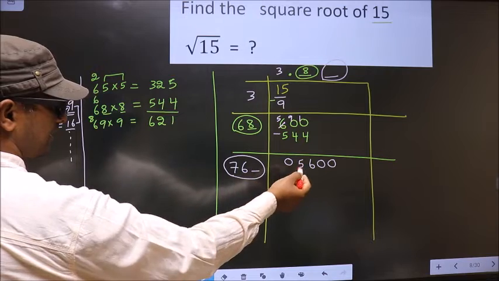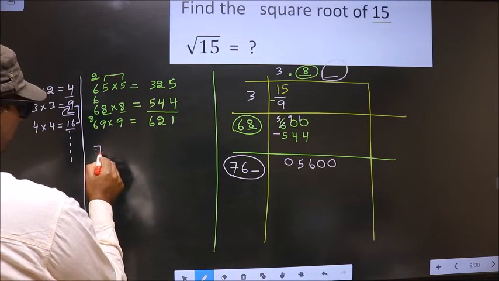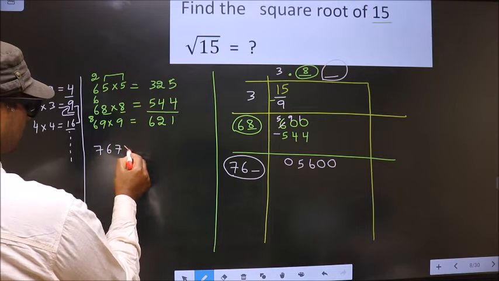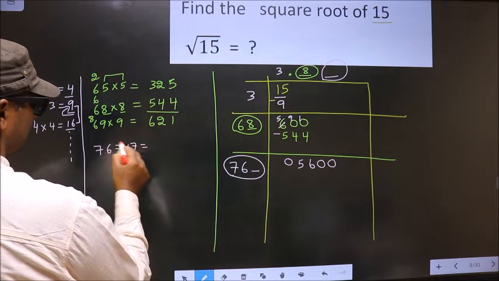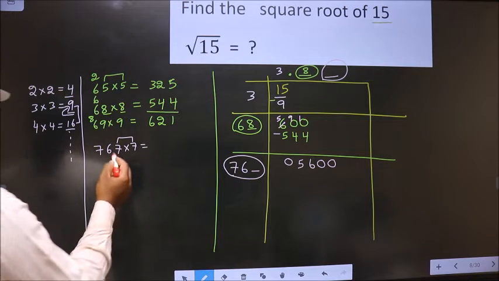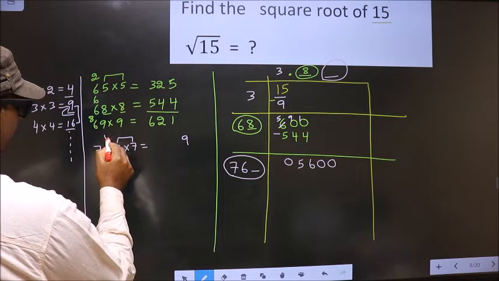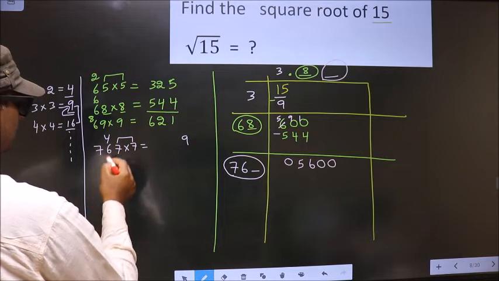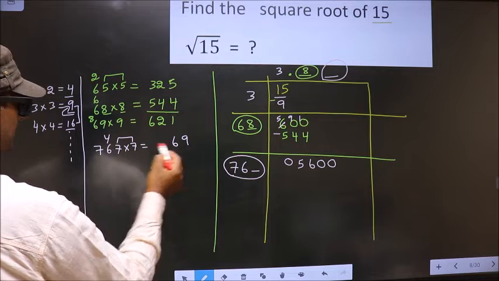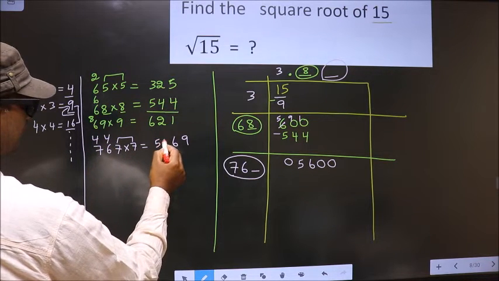Here it is 700, here 5600. If we take 7, that is 767, we should also multiply by 7. These two should be same. So 7 into 7, 49. 7 into 6, 42, plus 4, 46. 7 sevens, 49, plus 4, 53.